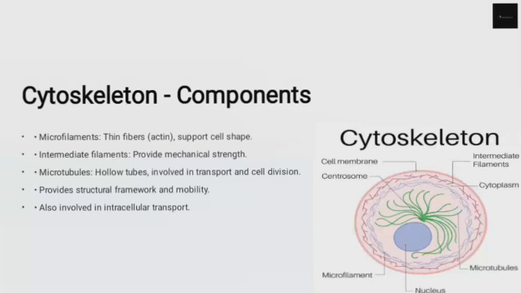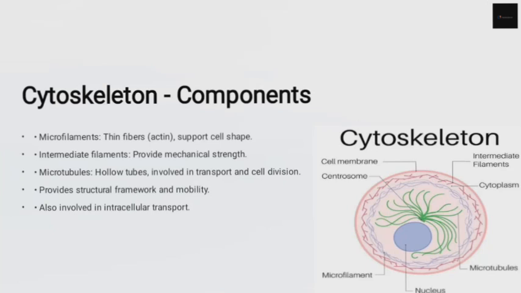It supports the cell shape. The intermediate filament helps in providing mechanical strength. The general function of the cytoskeleton is maintenance of the structural framework of the cell. It helps with transport, cell division, cell shape, and mechanical strength. Okay, moving on.